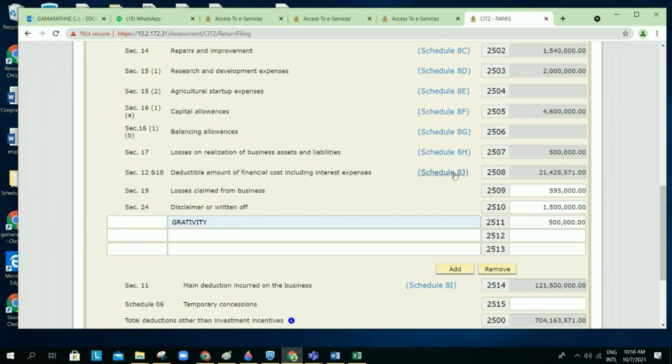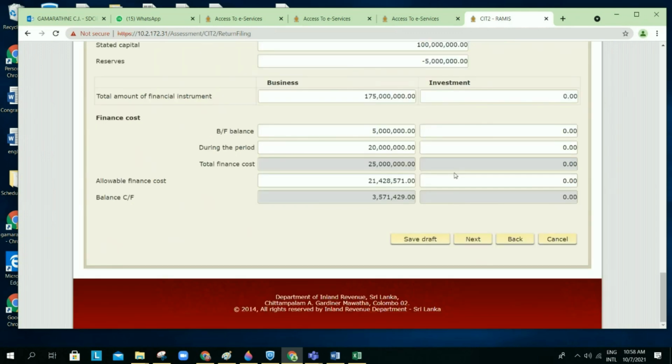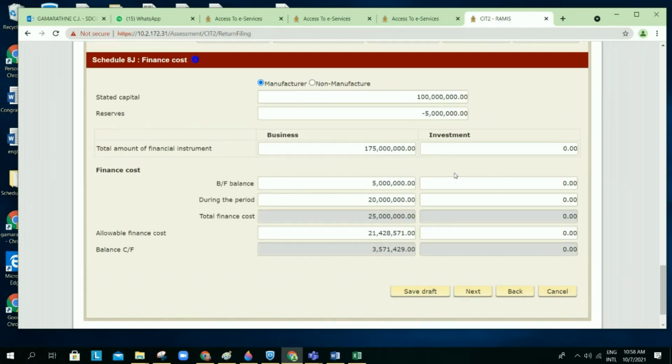Then the next one relates to Section 12 and Section 18, Schedule 8J. You will be aware that, regarding a company, if there is share capital and reserves, and based on this they take a loan through a financial instrument, there is a calculation we have to do as Section 18. Simply we can call it thin capitalization, right?